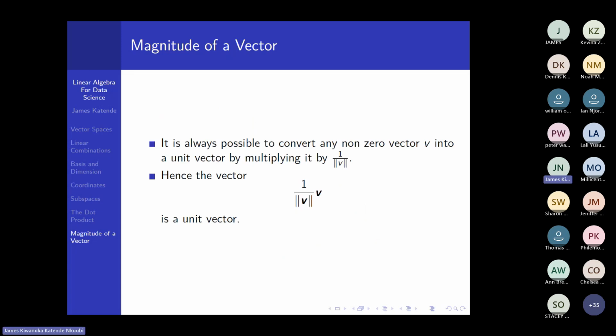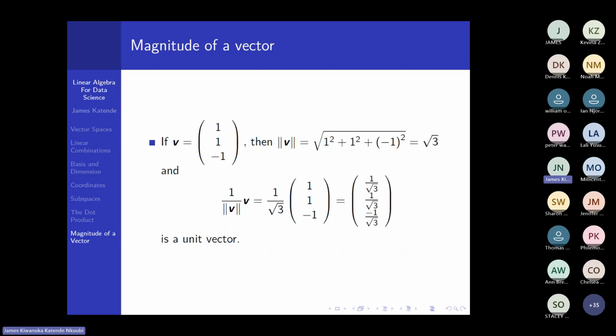Whenever you have a vector, you can always construct a unit vector from it by dividing it by its magnitude. So multiply it by 1 over the magnitude, then the resulting vector will be a unit vector.